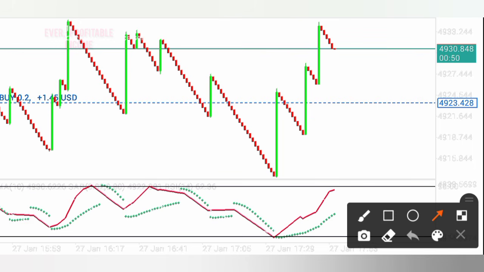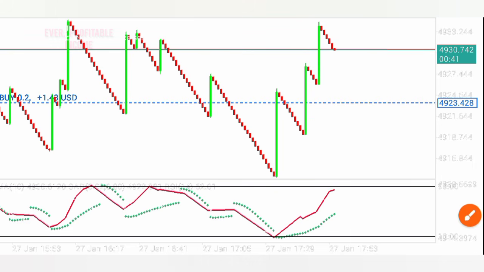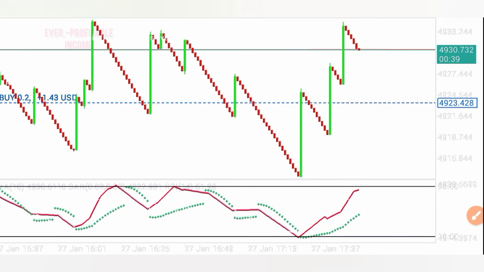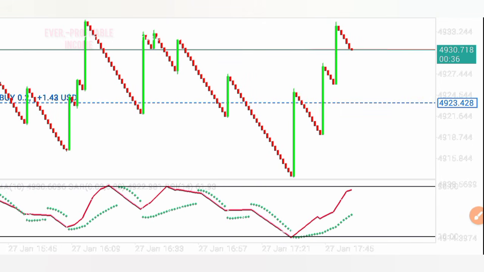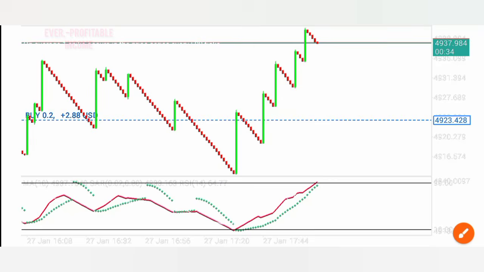Head over to the daily time frame, thereafter the 4 hours time frame, to check the direction of the market. Where is the market heading to? Is it heading downward or upward, before you know if you want to look for a sell opportunity or a buy opportunity.